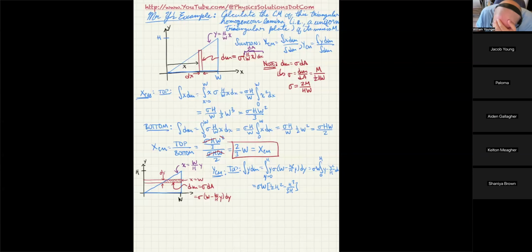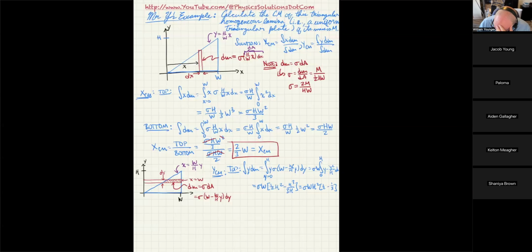But now what you see is you have a common factor of h squared. So I can say sigma w h squared times 1 half minus, in this case, 1/3. So 1 half is going to be 3/6 and 1/3 is going to be 2/6.